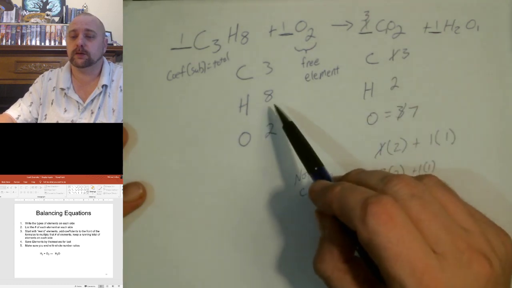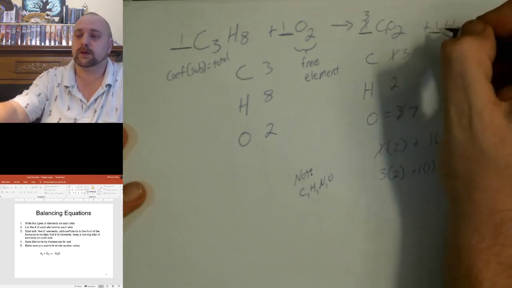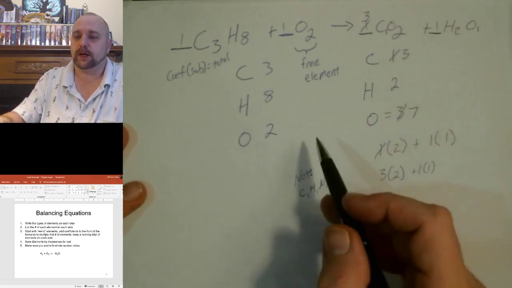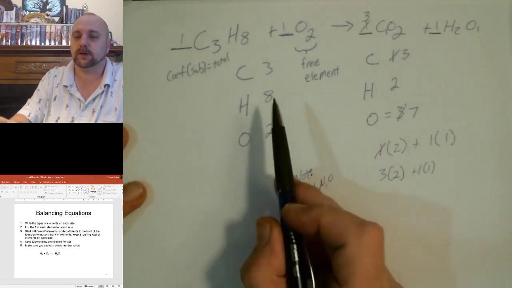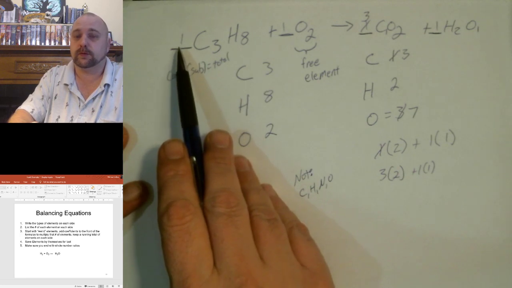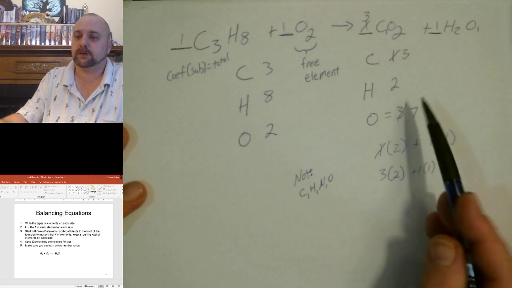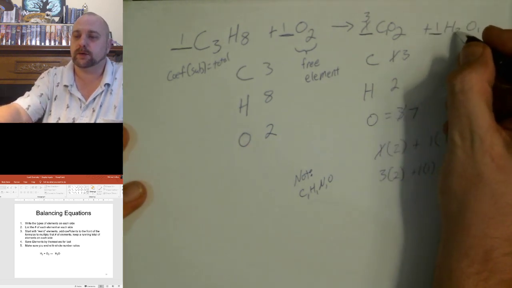So let's go ahead and do hydrogen next. I'll come over here, some number times 2, and I want it to be equal to 8. Or I could do some number times 8 and set it equal to 2. Now that's going to give me a fraction, so we want some number here times 2.